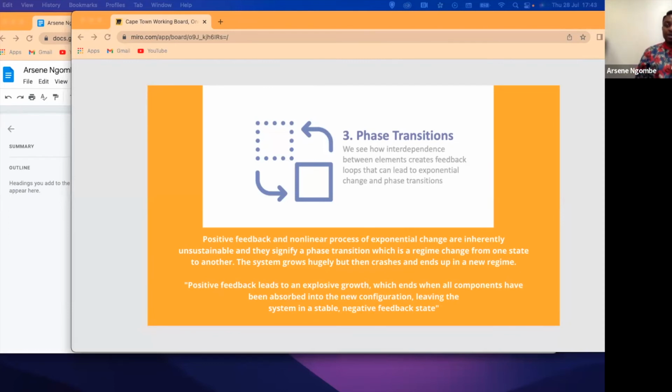Then that takes you now to begin to talk about phase transition also in that process. If we go back a bit to when we were talking about feedback, positive and negative feedback.